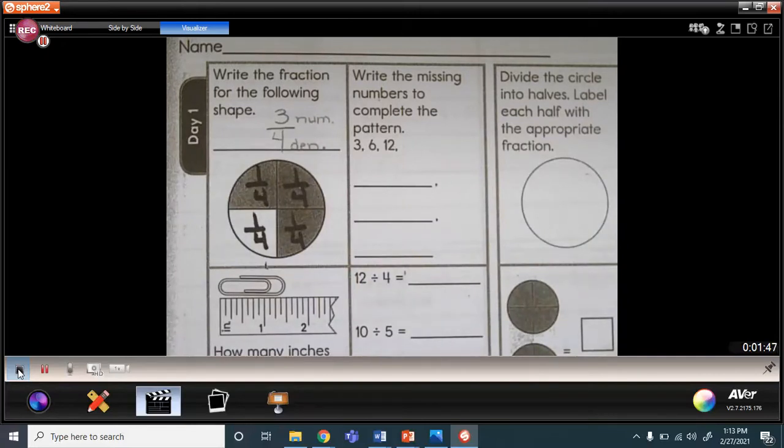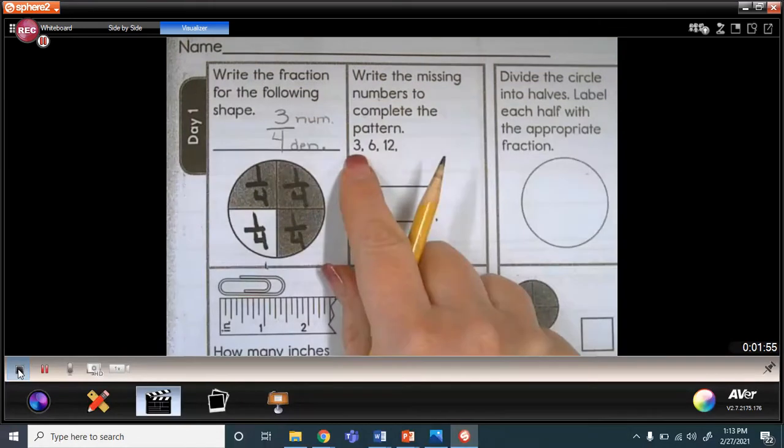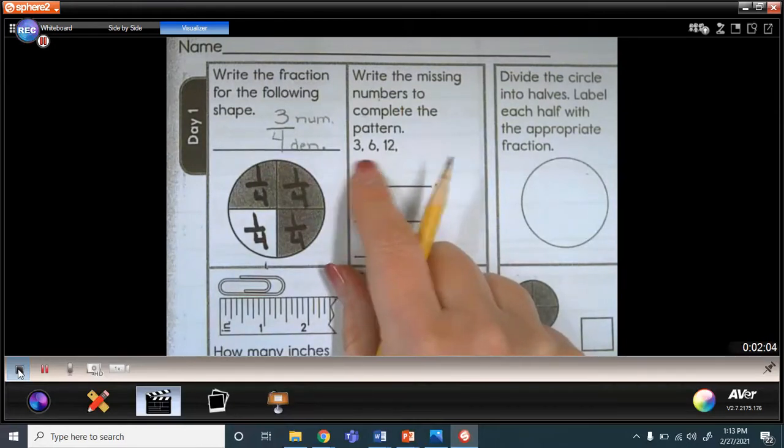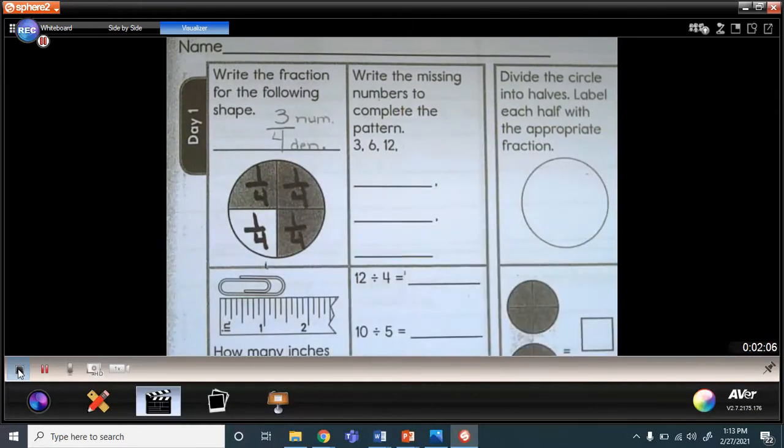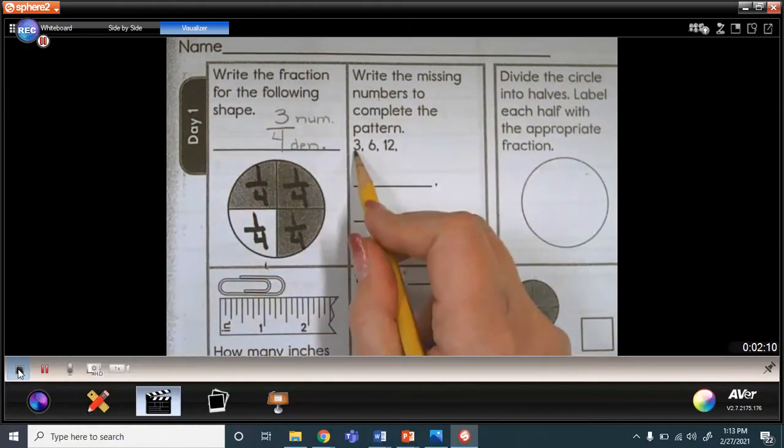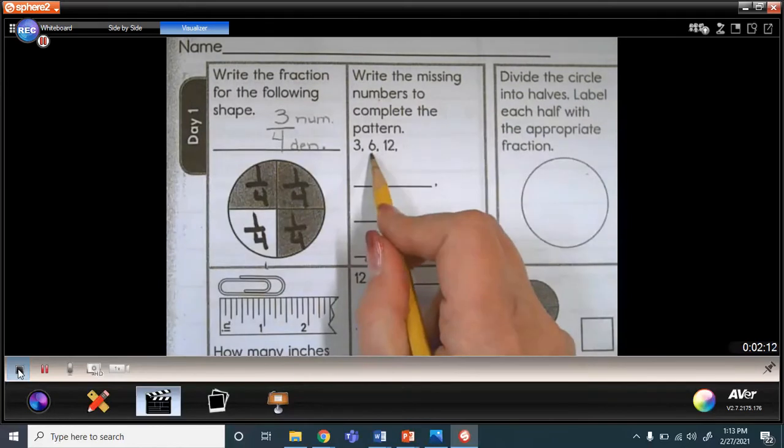Okay, let's take a look at the next problem. It says, write the missing numbers to complete this pattern. So if you notice that these are multiples of 3, which means when I count by 3s and add 3 more each time, these multiples of 3 will continue forever. So let's take a look at 3, add another 3, that's 6.